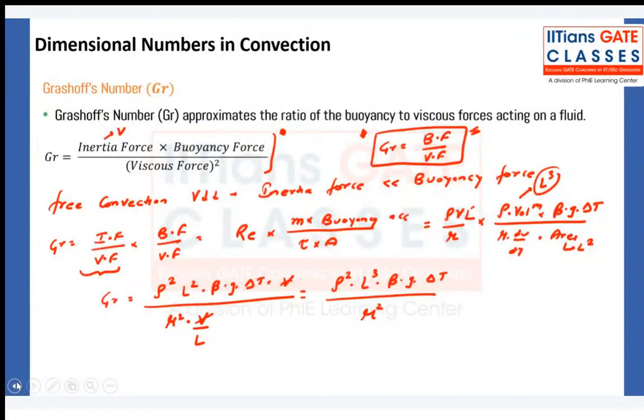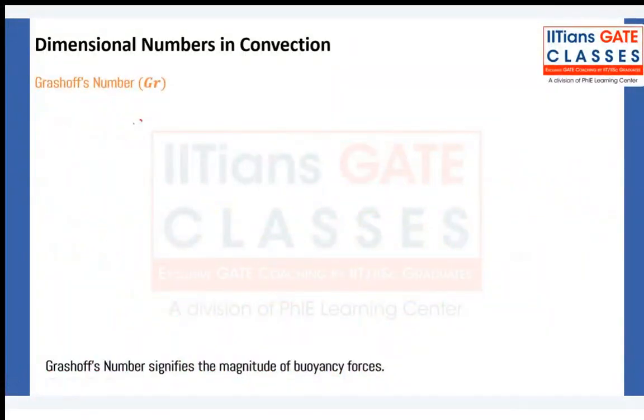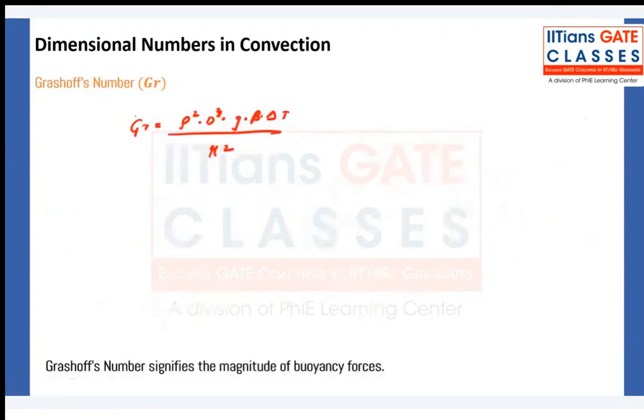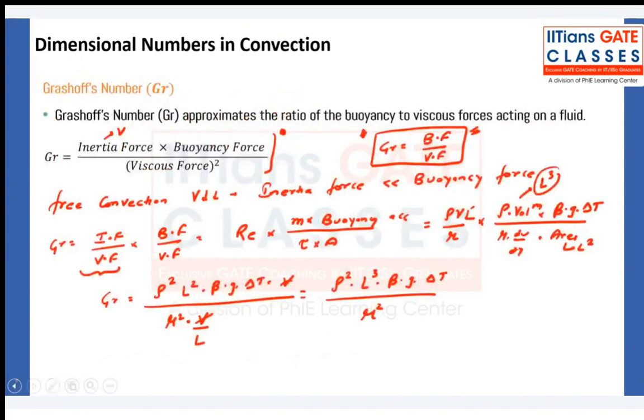So Grashof's number is rho square L cube beta g delta T upon mu square. Now you see, in forced convection, we talked about inertia and viscous forces. Now here, what is the driver? Here the driver is buoyancy forces.